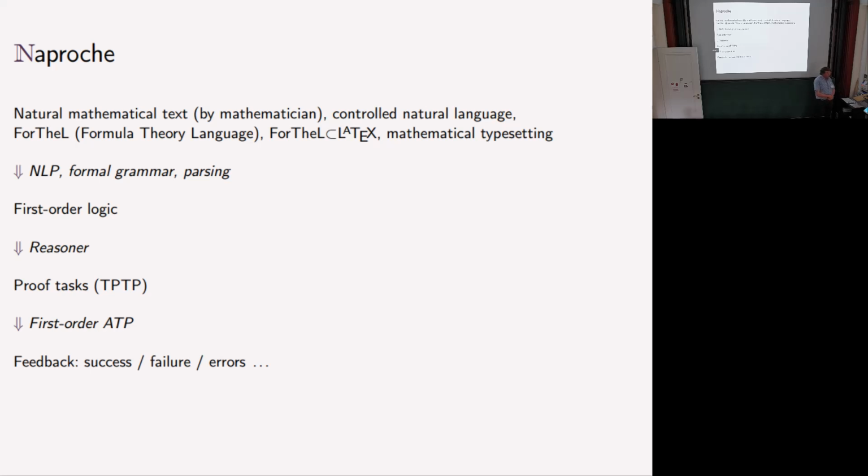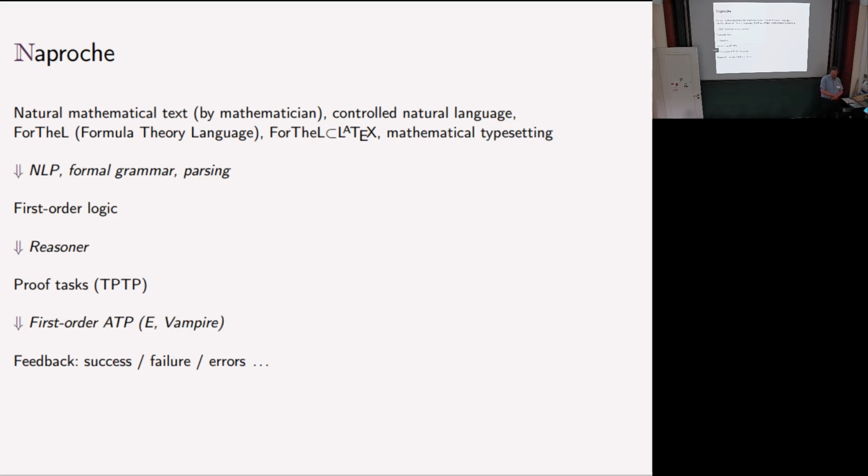And we have also written a LaTeX dialect for it, so that this printout that we heard about into nice typesetting is possible. So Fortel, in a sense, is in LaTeX and allows mathematical typesetting. And then as first order theorem provers, we use E or Vampire, and you can switch between them.